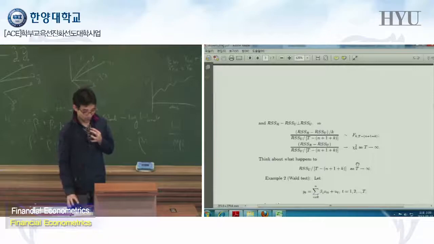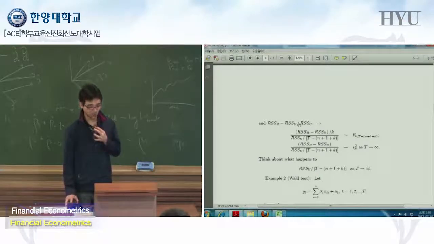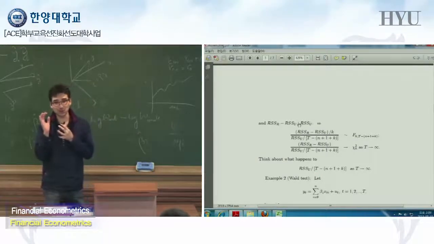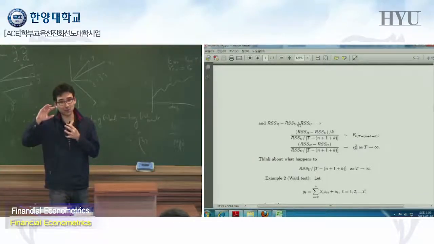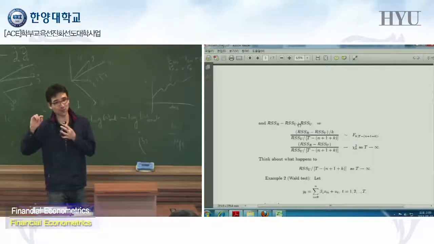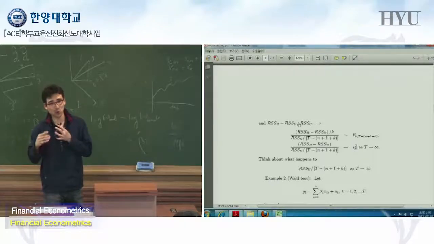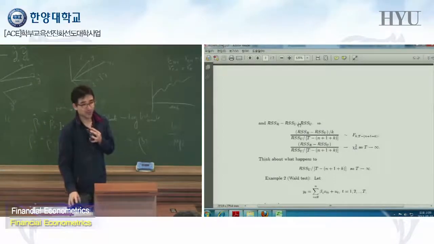I didn't explain why these two are orthogonal to each other, but it is actually very intuitive. F distribution is basically a ratio between chi-square distributions, but a key hidden assumption about the F distribution is that those two chi-square distributions should be independent of each other. And intuitively in our case, they should be independent of each other.